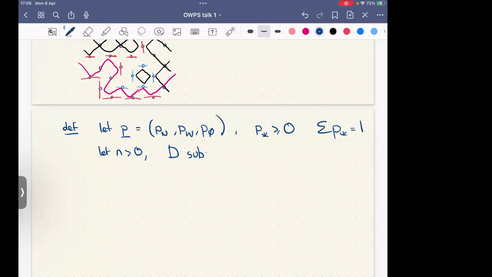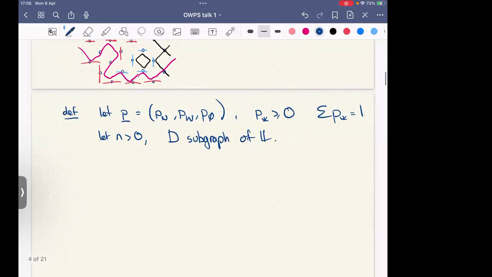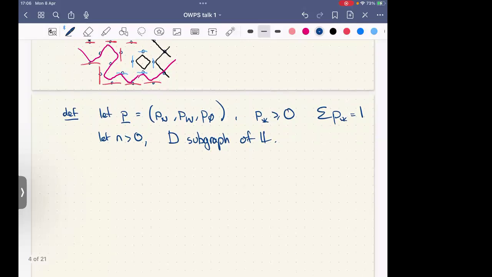And D is a subgraph of L. And in particular, I want to have quite general boundary conditions. So let psi be a mirror configuration on the entire lattice.